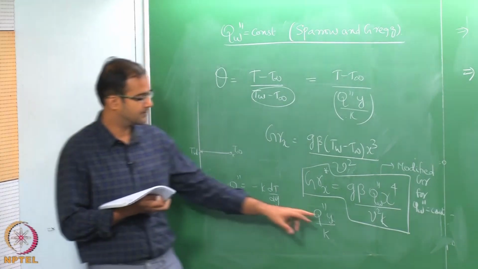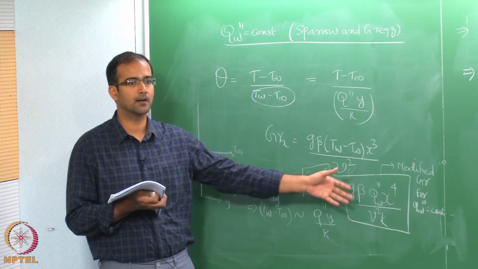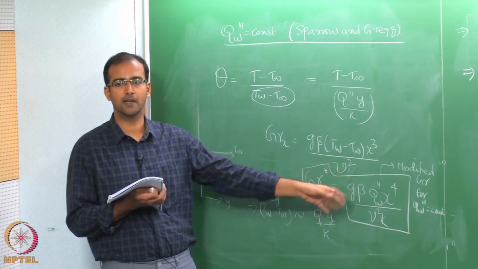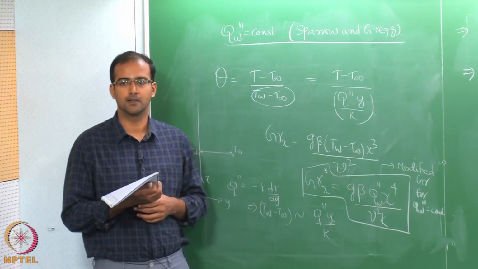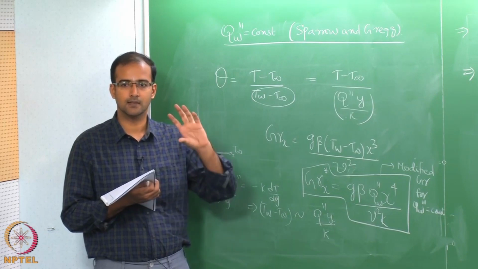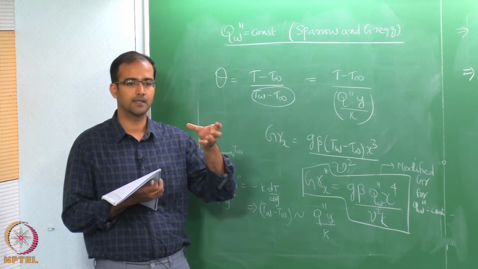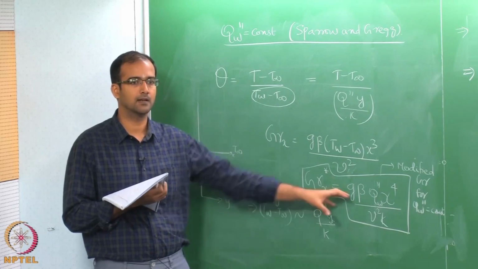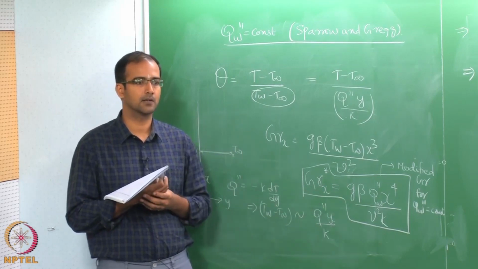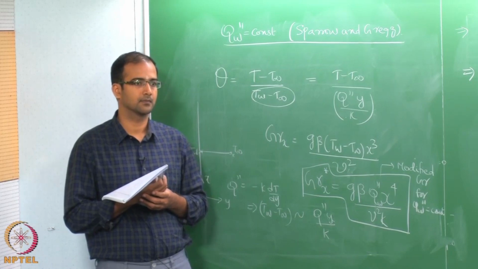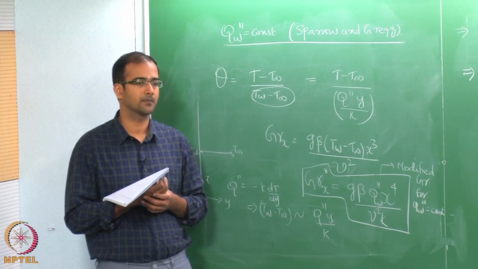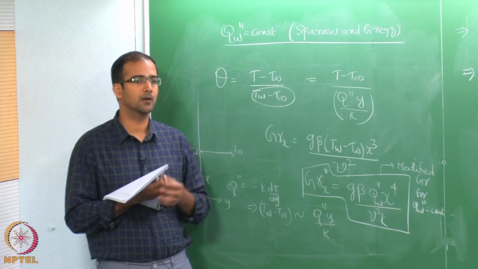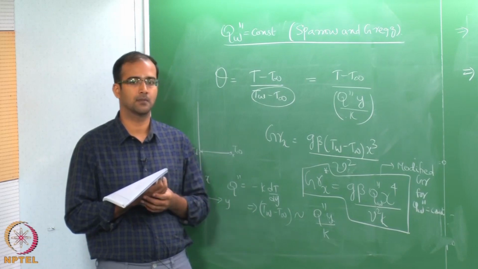So we are replacing y with x. Now, we cannot use in the Grashof number y into x power 3, you understand. So, we are just doing some scaling where we say the order of magnitude of x and y are kind of similar and therefore, we are converting that also into x. Can we use y there or some delta? Why do you want to complicate the definition of Grashof number?